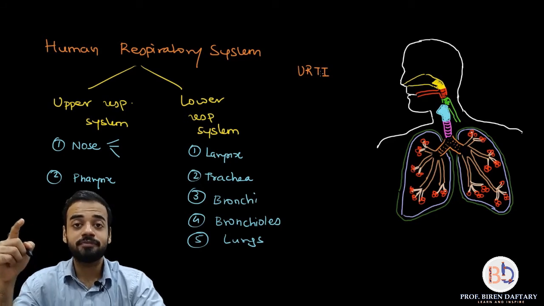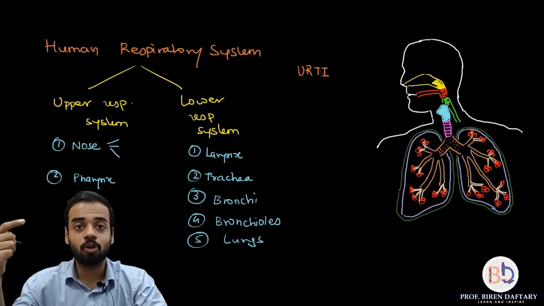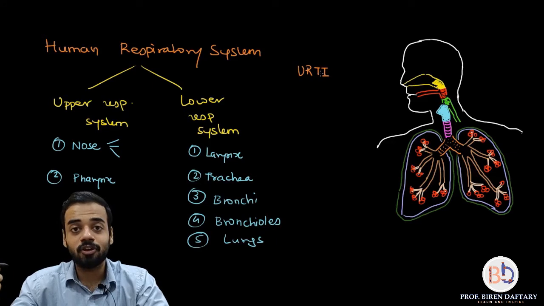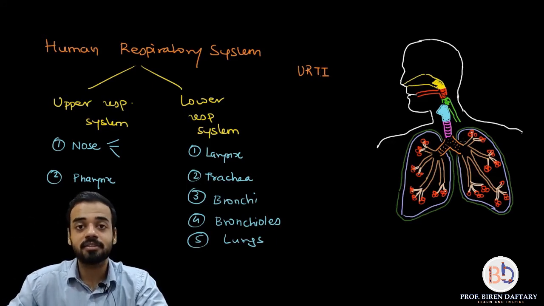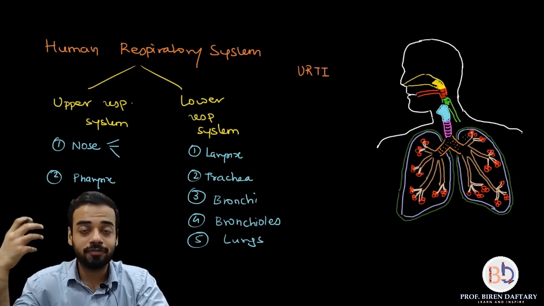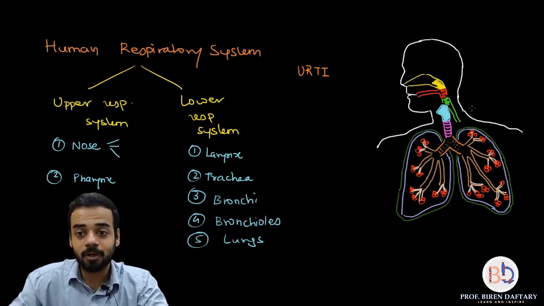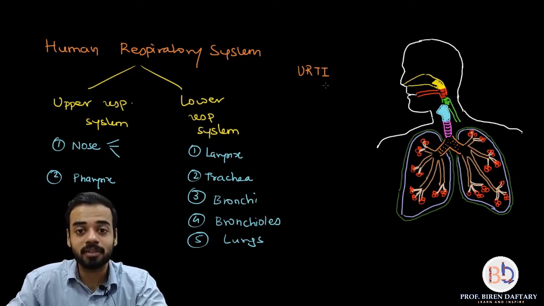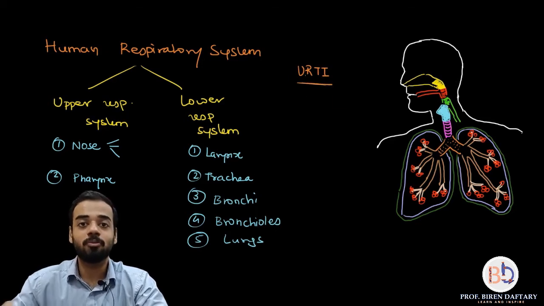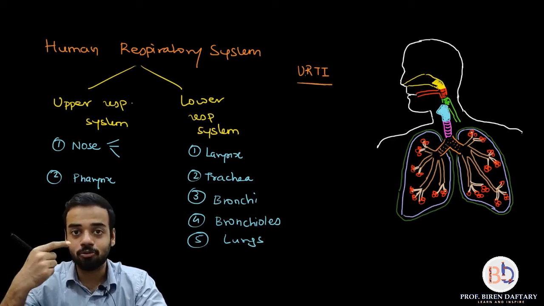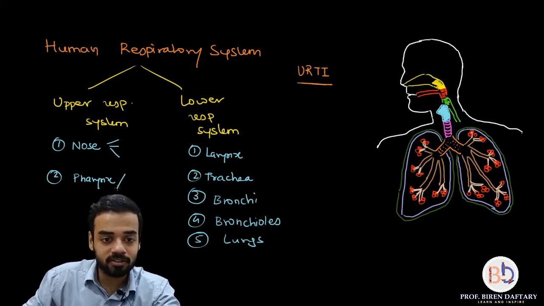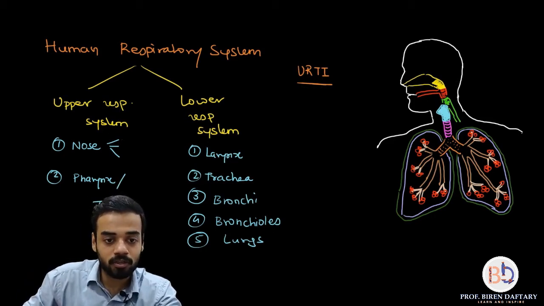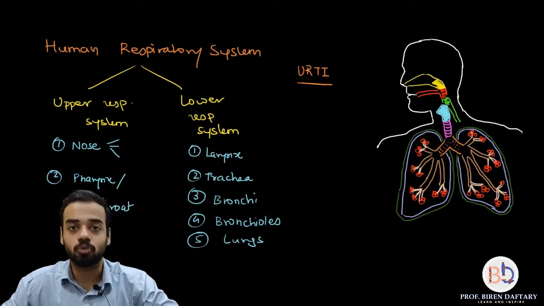Whereas if you suffer from disorders like bronchitis, that is called a lower respiratory tract disorder, because bronchitis is the problem which affects your bronchi, a part of the lower respiratory system. So remember, the word URTI is commonly used for diseases which affect your nose and the throat. Please remember, pharynx is also called the throat. The common word for pharynx is throat.